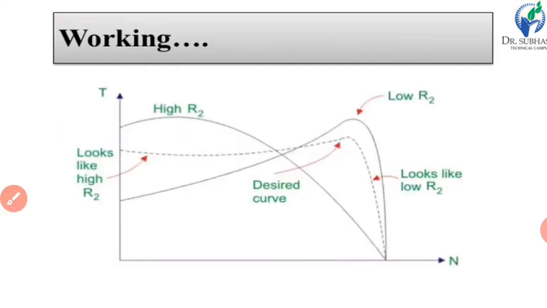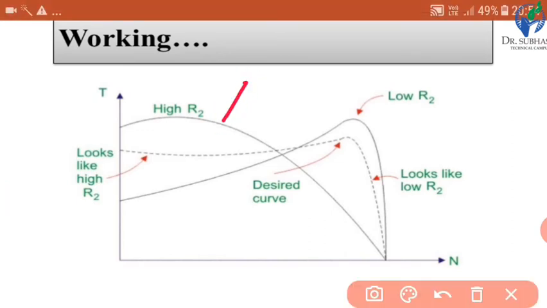Now this is a comparison of torque speed characteristics. Here we can see one curve that stands for high R2, it means high rotor resistance. At starting we can see that there is a high resistance. The second curve stands for low rotor resistance.